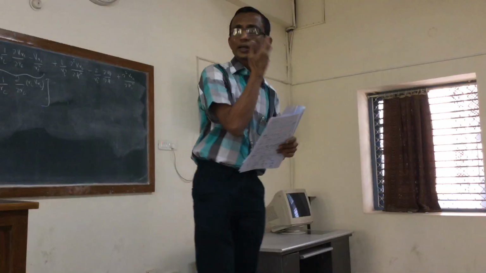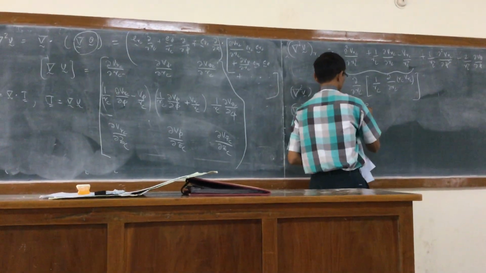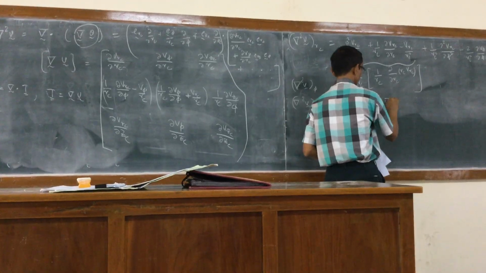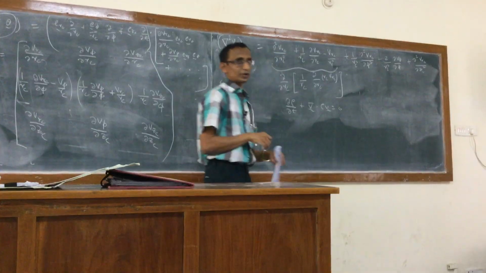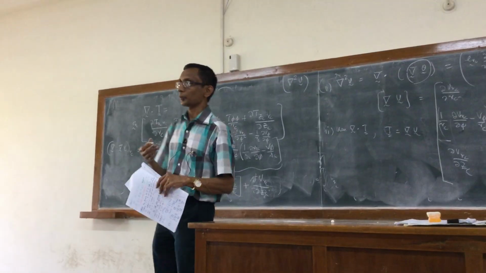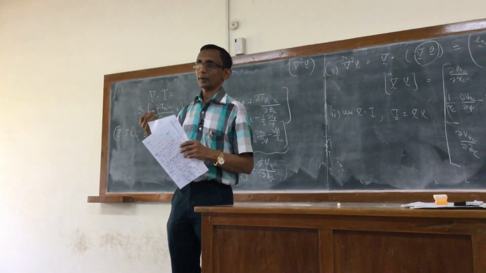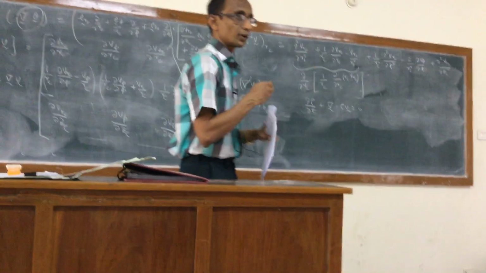Right? So finally, if you look at the continuity equation, for instance, we have exhausted it. We know how to calculate the divergence of a vector field. We know how to calculate, for instance, for an incompressible fluid, all we need is that the divergence of the velocity field is equal to 0, right?